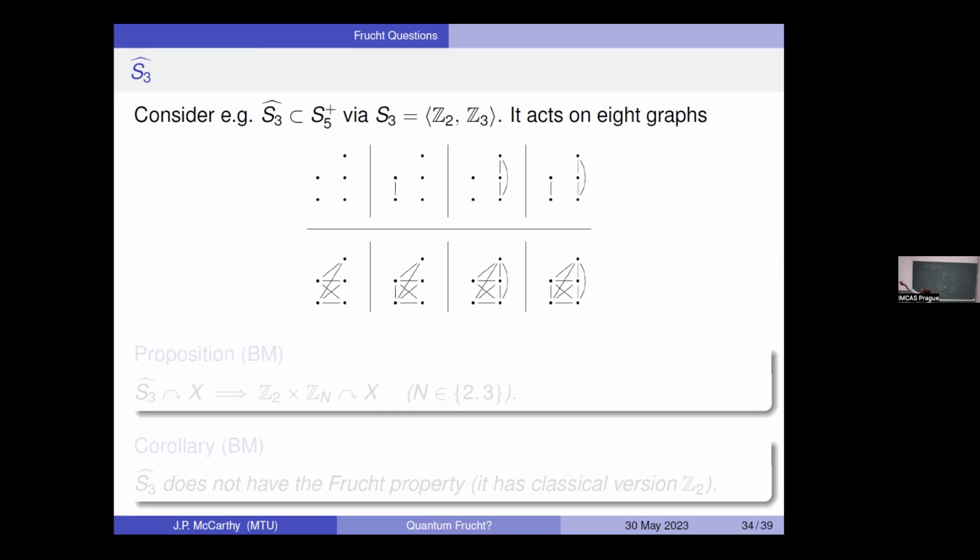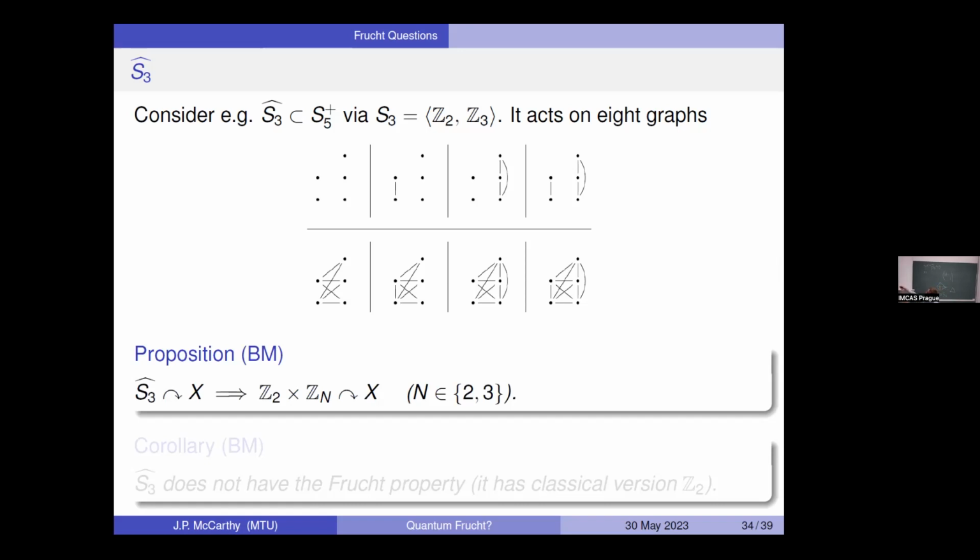And now you see that the big orbital is all the edges going from left to right. It's either not included at all, or it is included. And what this means, when you get these big orbitals, is lots of symmetry. For example, for the quantum version of S3, if it acts, you're going to have lots of symmetry. And what the paper basically does is it defines, this one's particularly easy, so you can do a Z2 symmetry on all the different Z2 blocks.